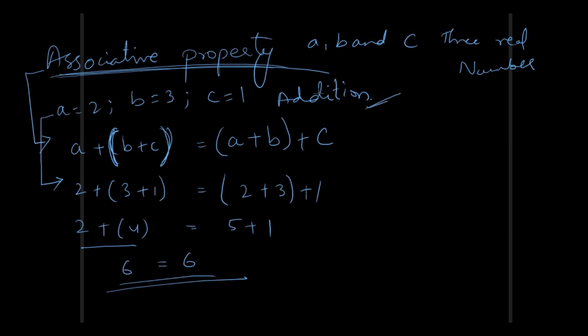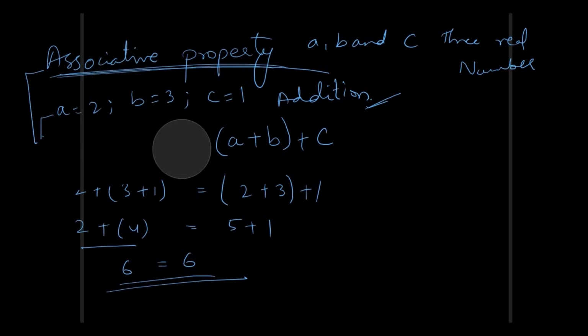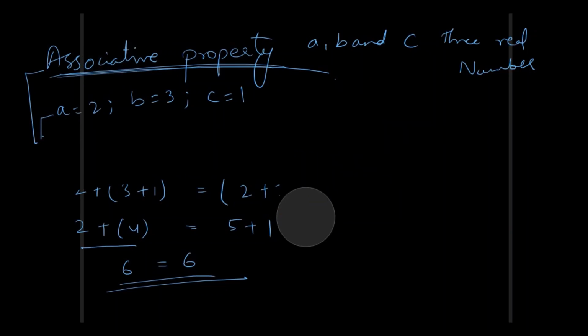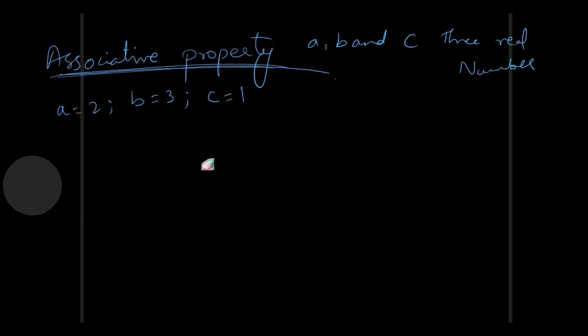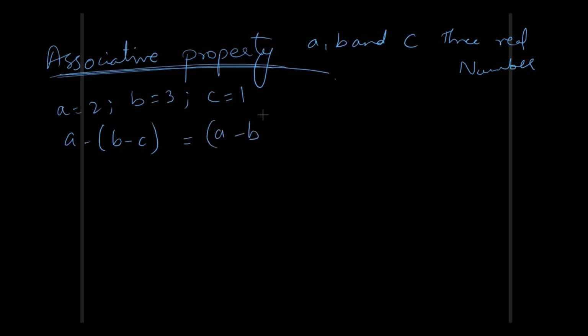So the real numbers accept the additive associative property. In a similar way, we can go with the multiplicative. Why am I not showing subtraction and division? Because they don't support it. I'll take an example of subtraction. Let's see with the subtraction: (a minus b) minus c is equal to a minus (b minus c).